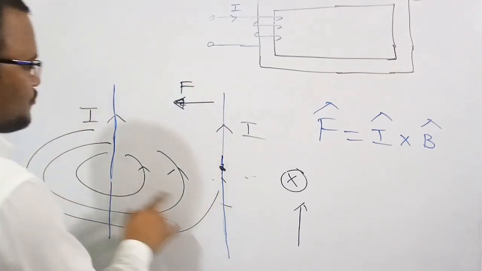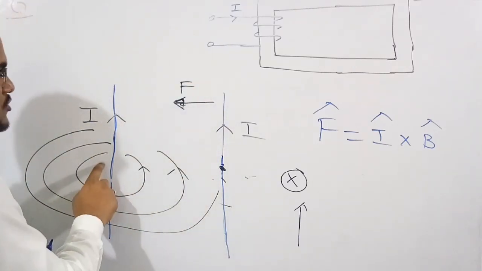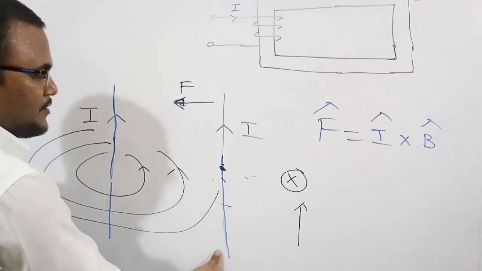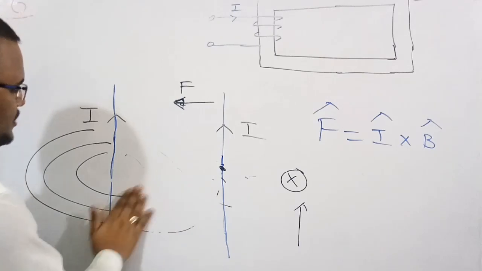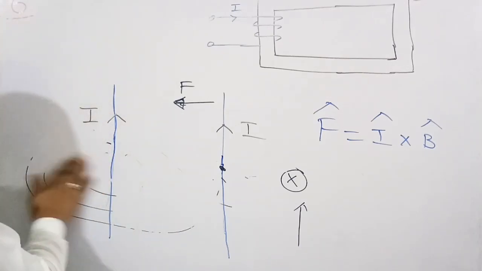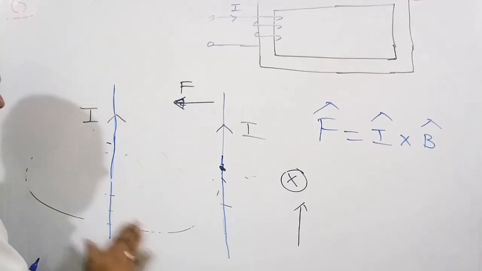Similarly, now we will find what type of force acts on this wire because of the other wire. The same thing again we will do here. See carefully, if you are confused, see it again to make it very easy.